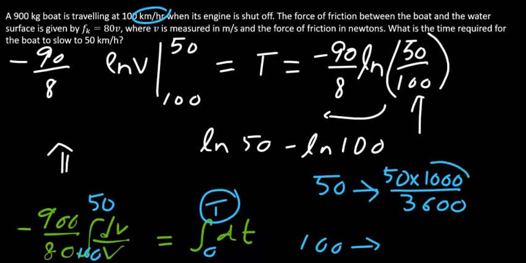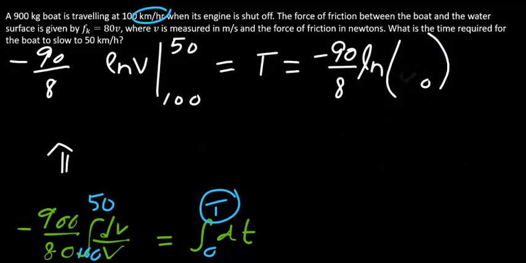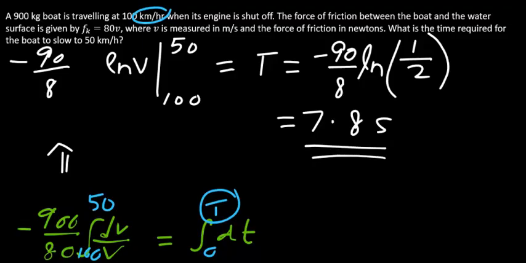And you see, all the common factors will just cancel out since you are taking division. So it is sufficient to just express the numbers for the speed in the original units, because after all, what you're dealing with is just a ratio. So 50 over 100 is 1 over 2. And when you compute, you get an answer of about 7.8 seconds. So that's the answer that you're looking for.